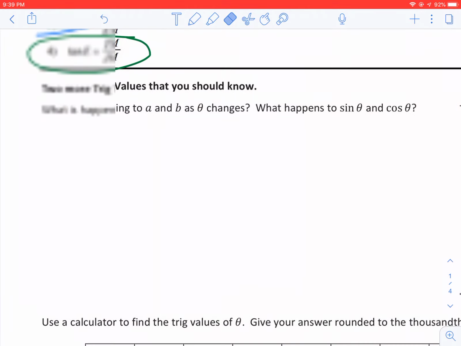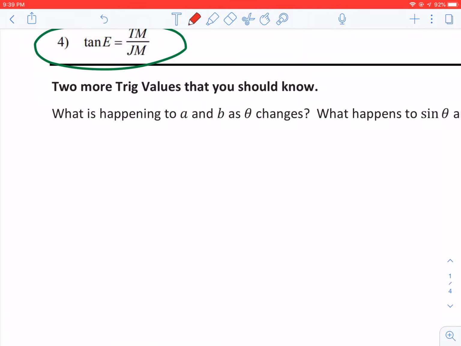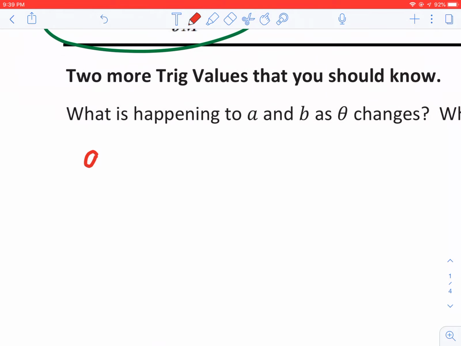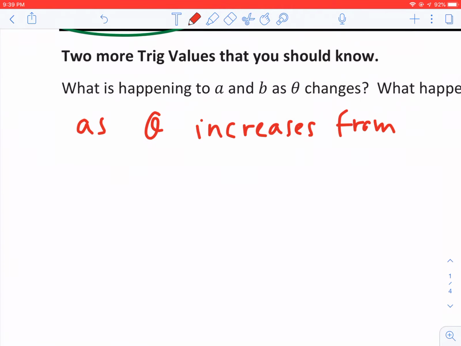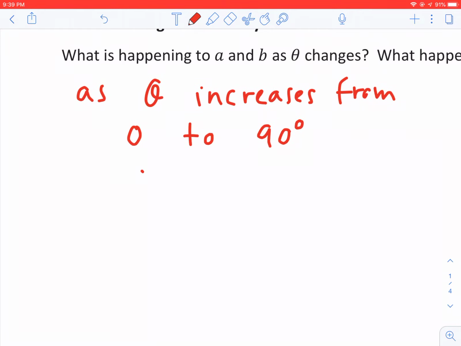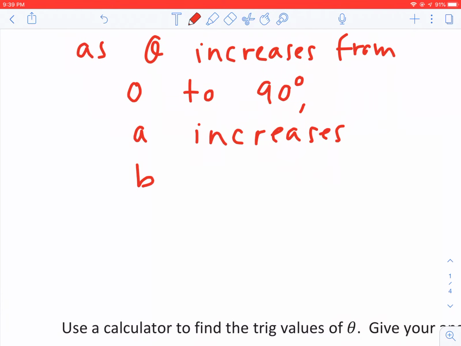All right, so to answer this first question, what is happening to A and B as theta changes, we can say as theta increases from 0 to 90 degrees, this value of A increases, and this value of B decreases.